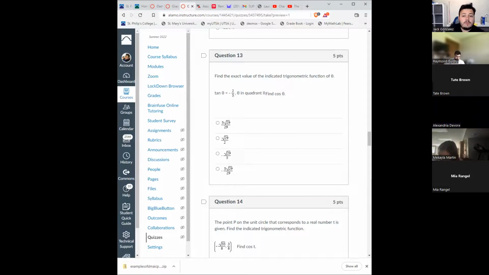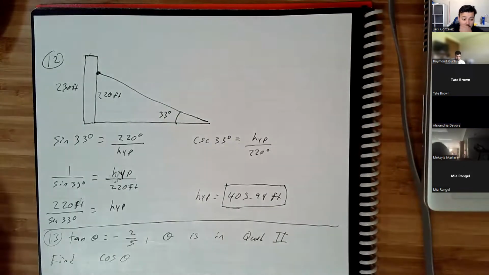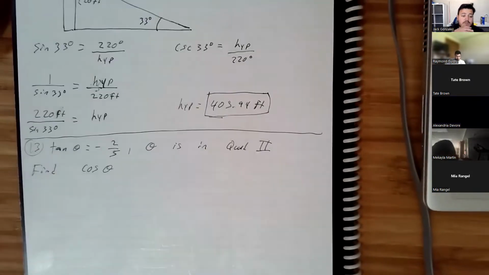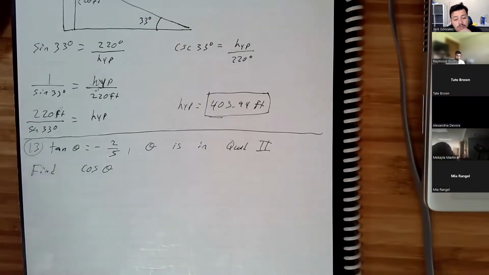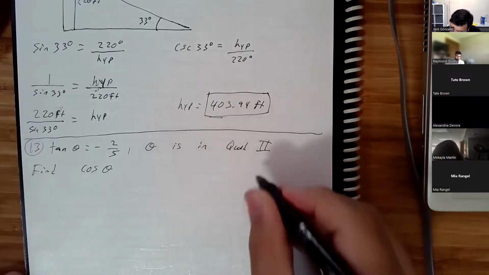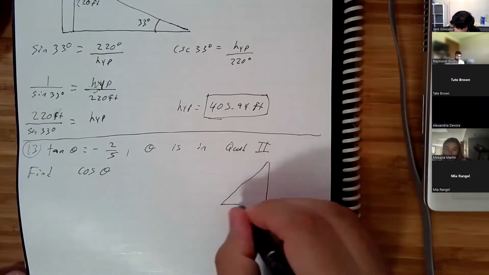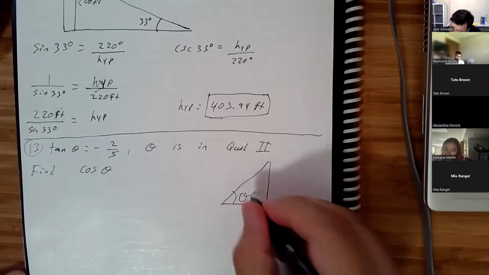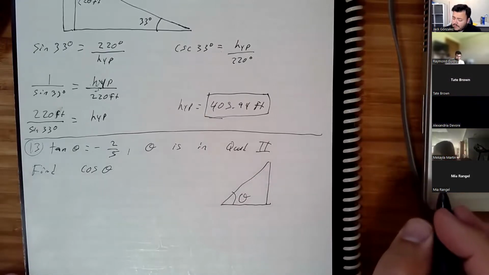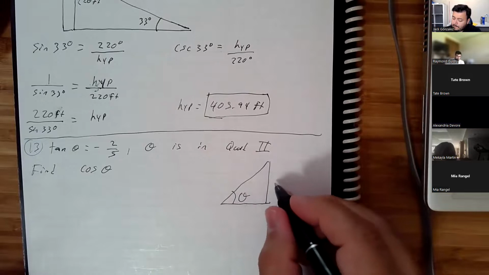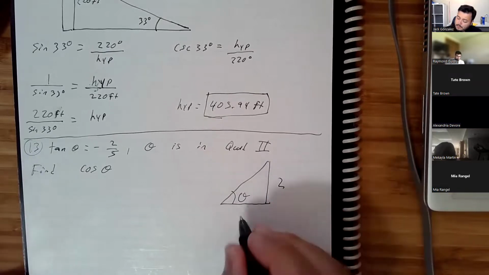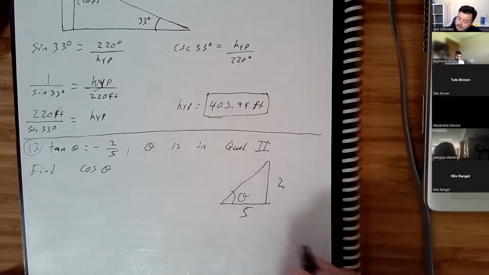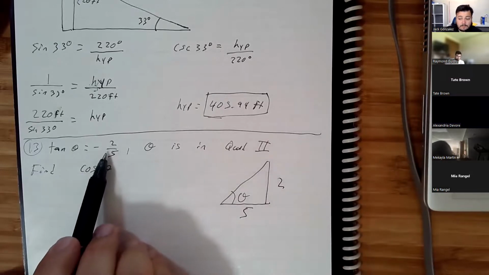All right, let me switch back. So I shortened it up. So tangent is equal to negative 2/5. Theta is in quadrant 2. Find cosine. That's basically what they want us to do. That's it. So triangle. Opposite over adjacent is tangent, right?